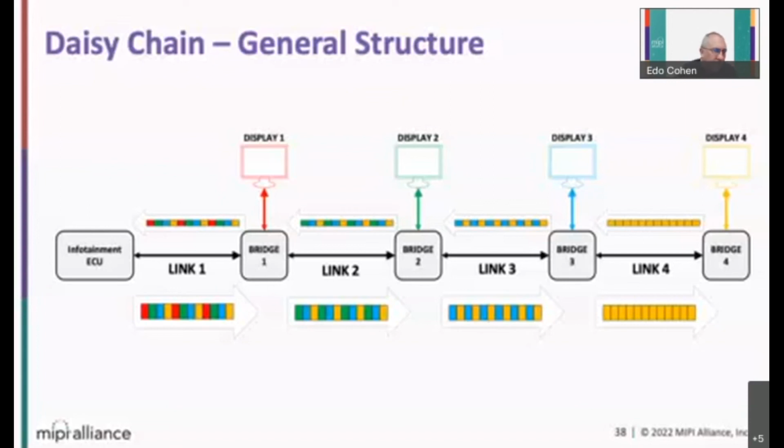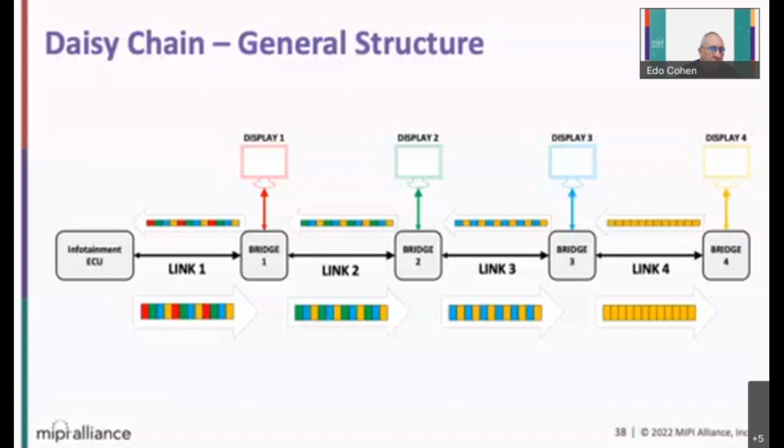And the different colors of the packets indicate that from the ECU, for example, we have a link 1 that supports 64 gigabit per second, and it is connected to a bridge that first takes the specific data that is coming to the display, and allows the rest of the data to continue.